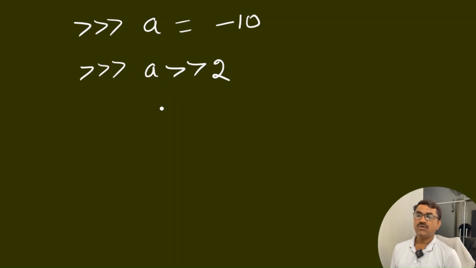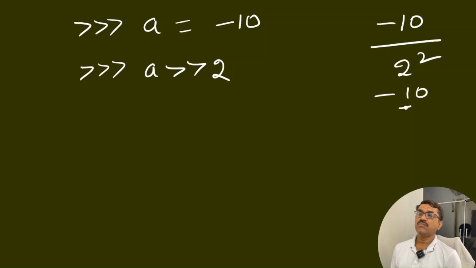To directly get the result, when it is right shift, we compute minus 10 by 2 to the power of 2. That means minus 10 by 4. The result you are going to get is minus 2.